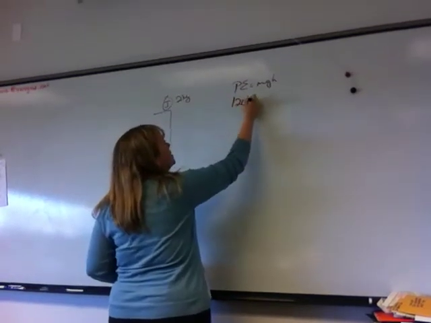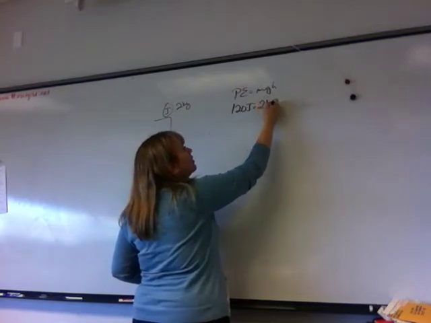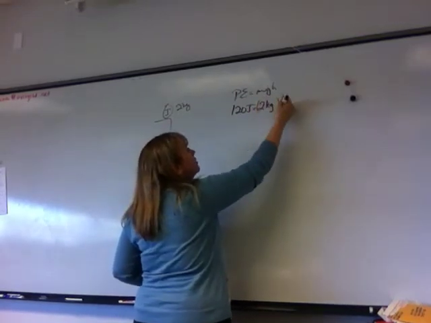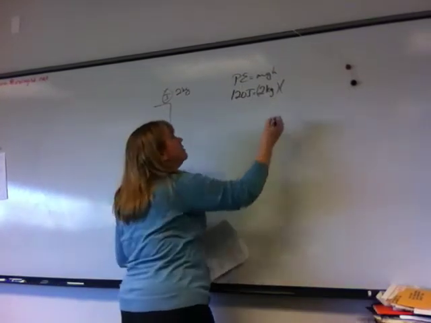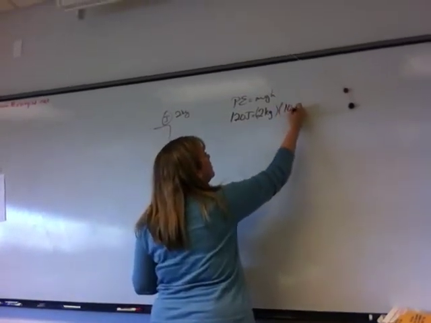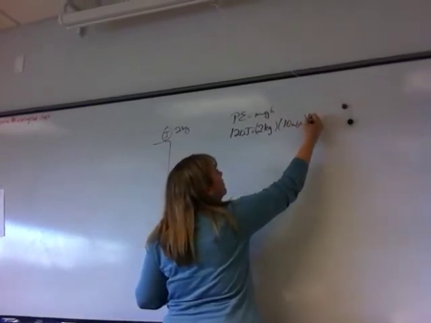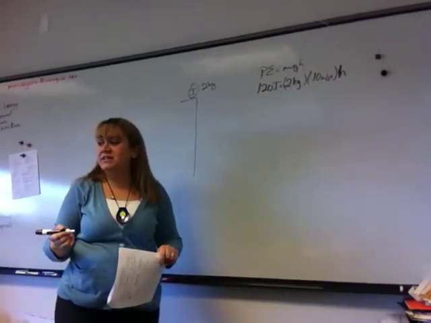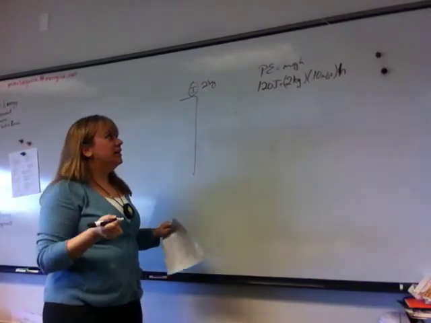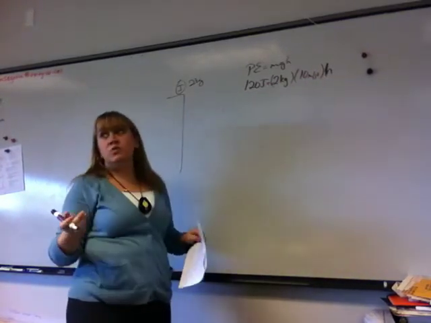120 joules. So 120 J. What's the mass of it? 2 kilograms. What's the value for G? 10. 10 what? Meters per second squared. And then we're solving for our H. How high up there is it? So, another plug and chugger. 2 times 10 ends up being 20.